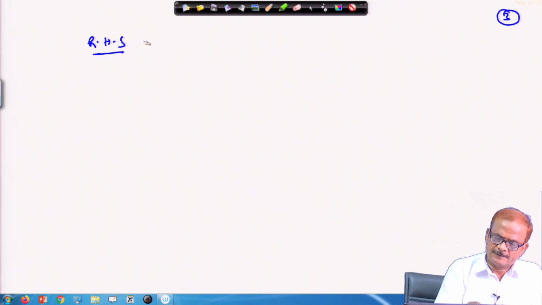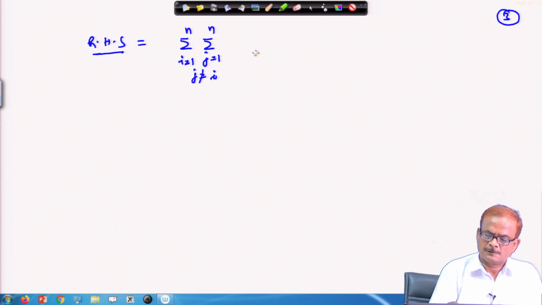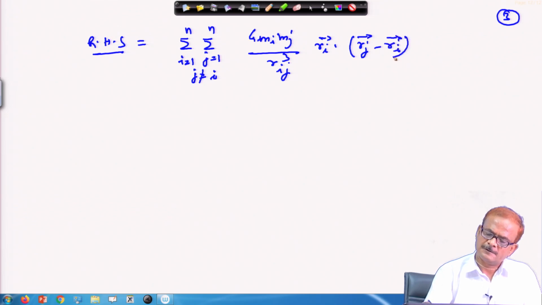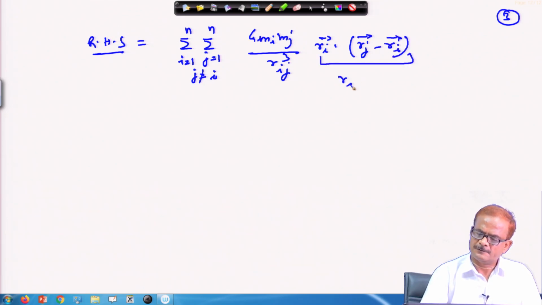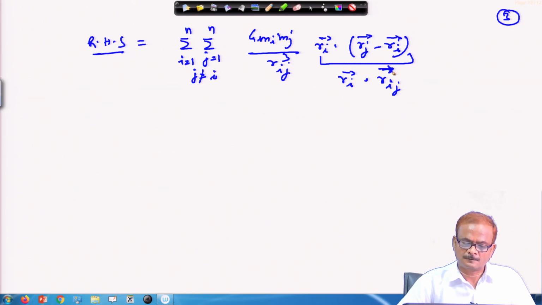On the RHS we have G times m I m j over r I j whole cube, and then r I dot dot r j minus r I, and this quantity is nothing but r I dot dot r I j. Now, here we have to work a little cautiously.